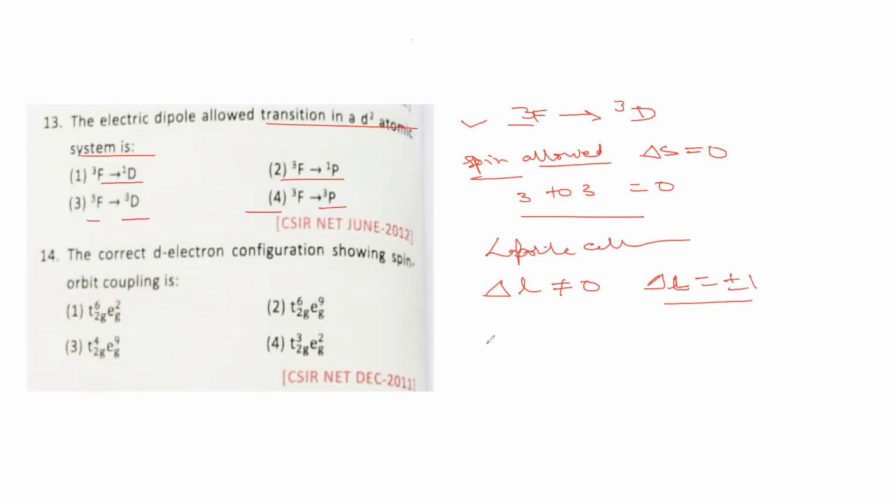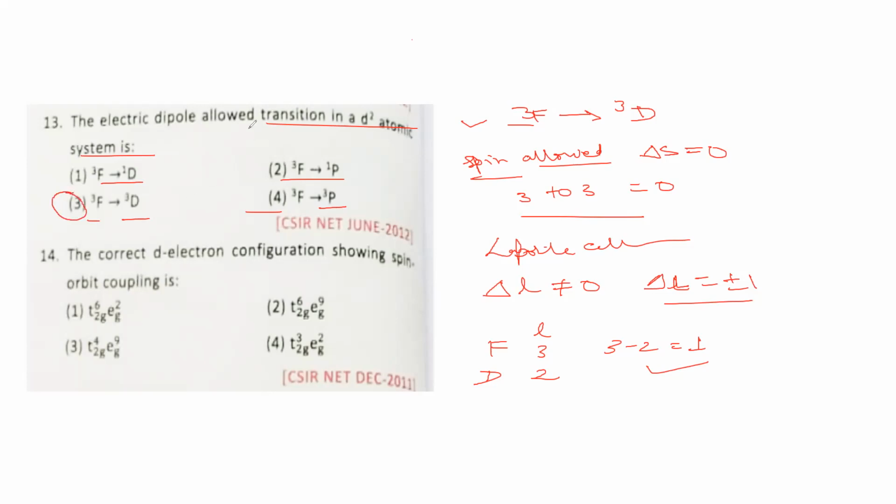So here is F. For F, the L value is 3, and second one is D. For that, L value is 2. So if we check the delta L value, 3 minus 2 comes 1. So yes, it is also Laporte allowed. So option number 3 is the right option.